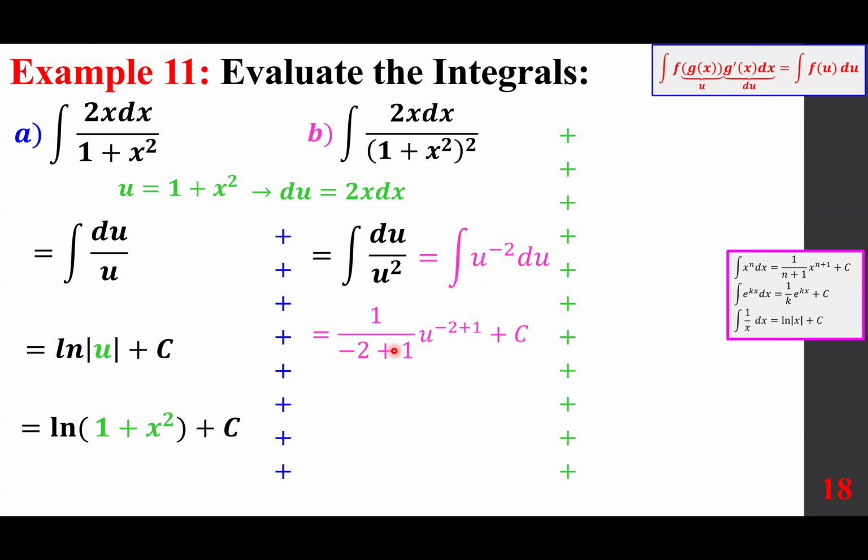This is -1, so minus u to the power -1, so -1 over u. And so -1 over u, which is 1 plus x squared, and a constant.